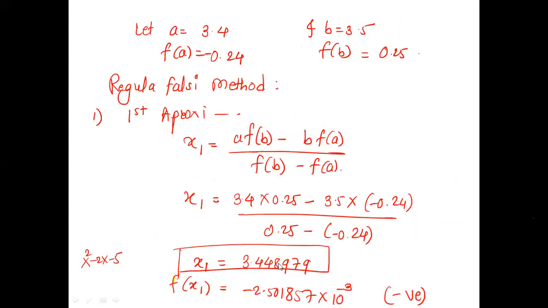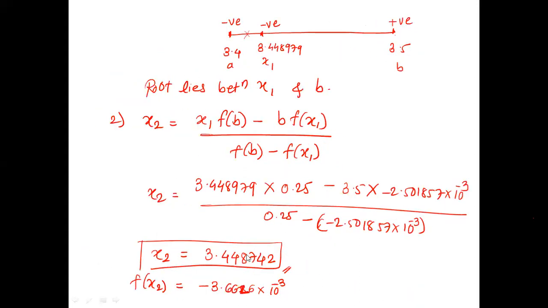There was 8.9 and here it is 8.7. Everything should match up to 4 digits if it is 4 digits, or up to 6 digits if it is 6 digits. Now we got x2 as 3.4487 something, and for that we also got the negative value.